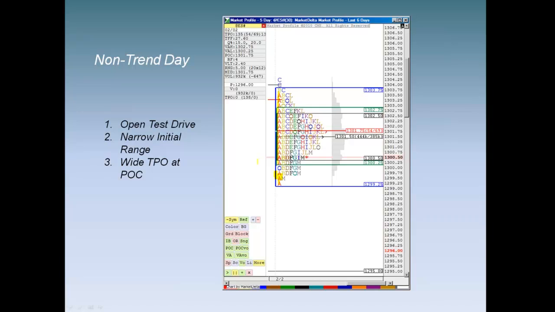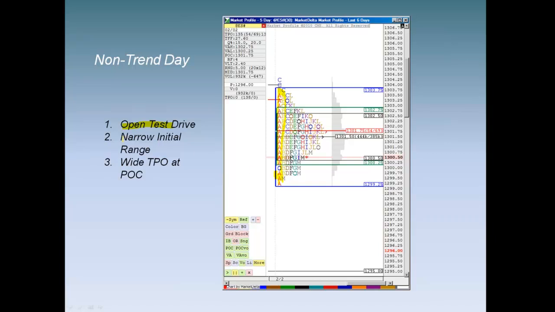The market continues to repeat these patterns again and again. The more we study them, the more we learn about them, the better we become as traders. So the non-trend day may begin with an open test drive, but it fizzles out as soon as you see there's no range extension, and the second period B drops back down and covers most of the prior period A.